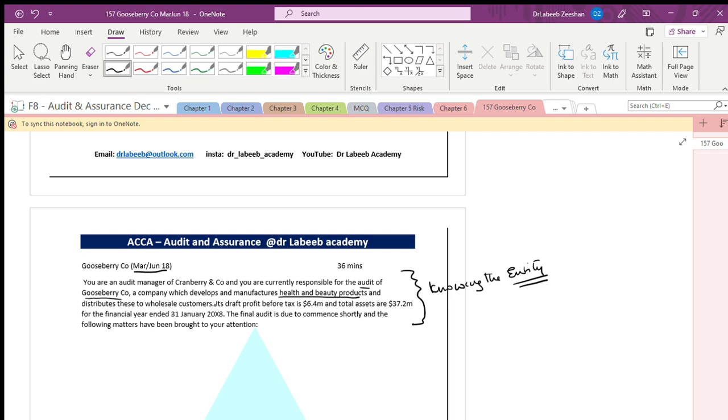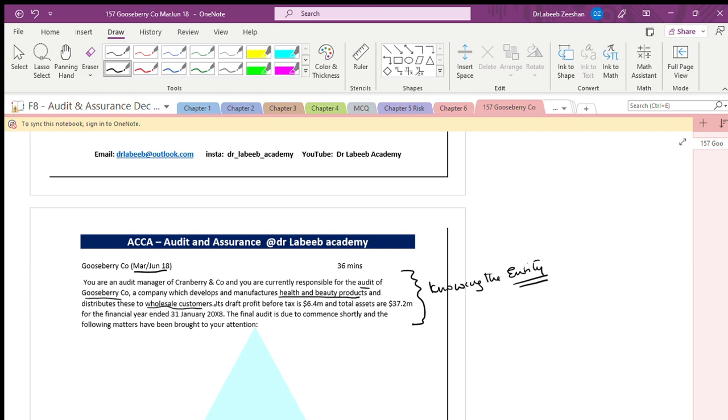We are talking about health and beauty products. Think from the health and beauty products angle only. In this type of industry, what are the things which have to be taken care of? They distribute to the wholesale customers, which means they are dealing with the whole.